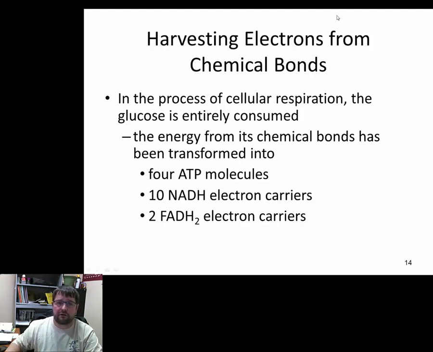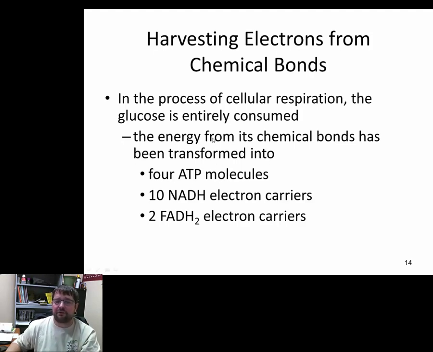And so far, we get 4 from this process. Oh, I'm sorry, I take that back. We get 2 from the Krebs cycle, and we get 2 from glycolysis to form 4 ATP molecules. So we're taking 54 molecules of ATP and we're getting 4 out.